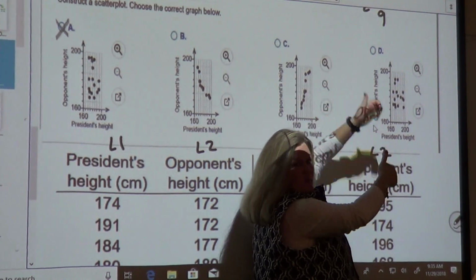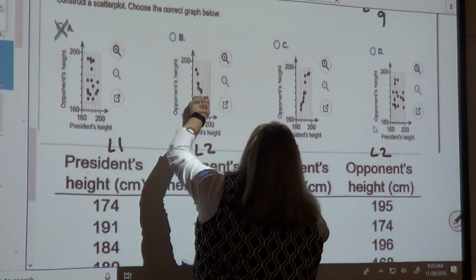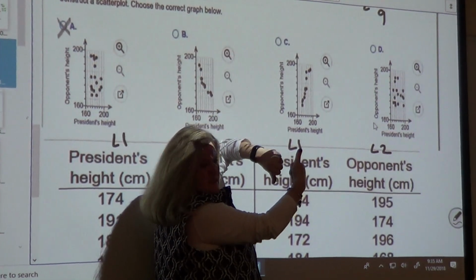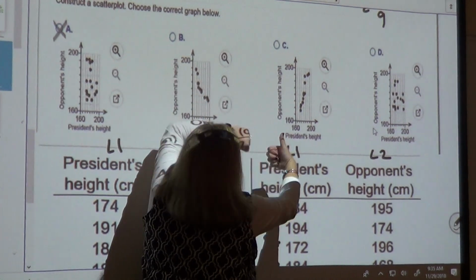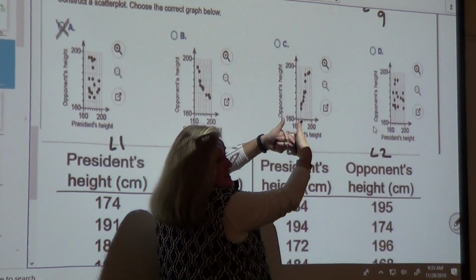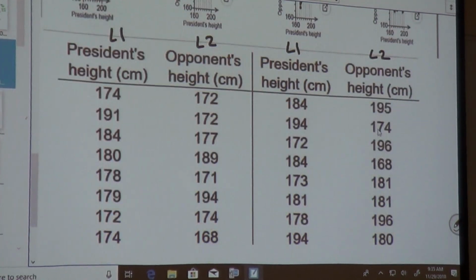So if you're going uphill, they're both increasing. If it goes downhill, you would say as one increases, the other decreases. So as it's going downhill, they go in opposite directions. As it goes uphill, they go in the same direction.